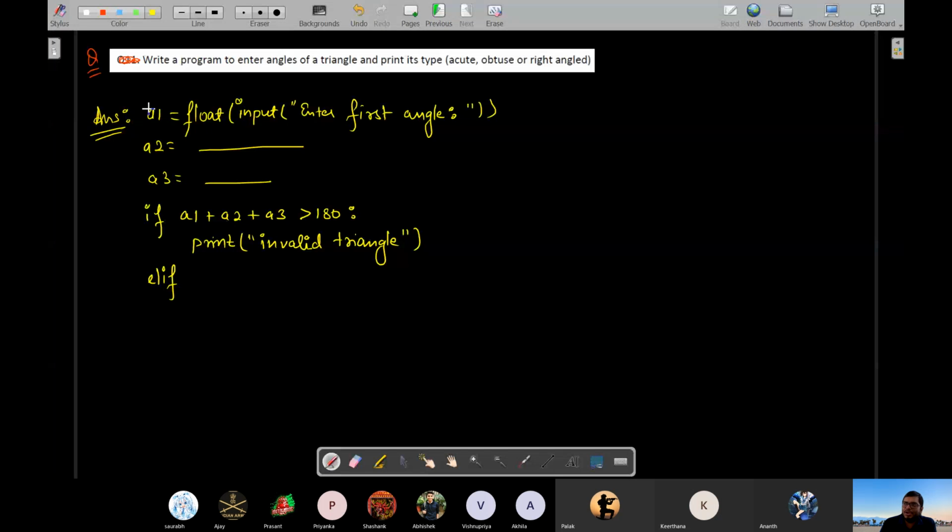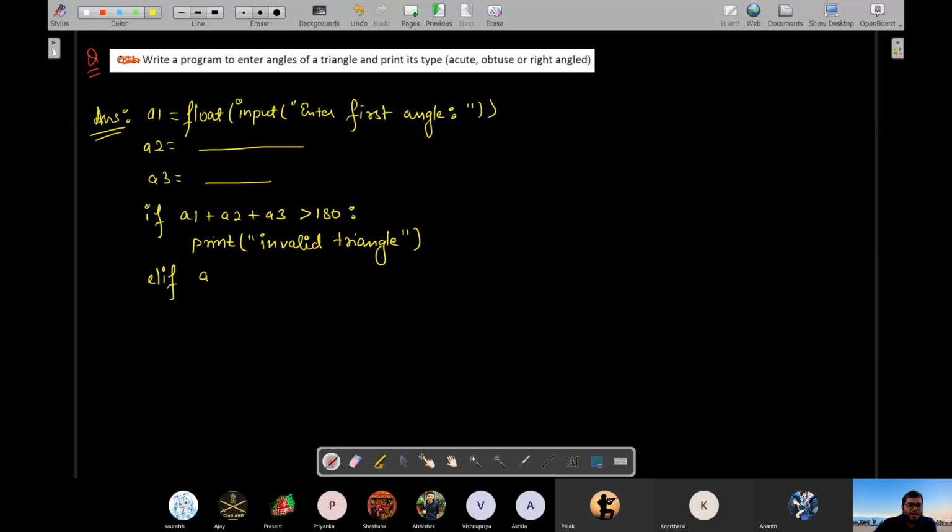When will the triangle be acute? अच्छा चलो, when will the triangle be right angle? Right angle कब होगा? When it has one angle as 90 degrees. So if any one of the angles is greater than, is it possible to have two angles at the same time as 90? नहीं. No, sir. No. ठीक है. So we'll start with right angle.